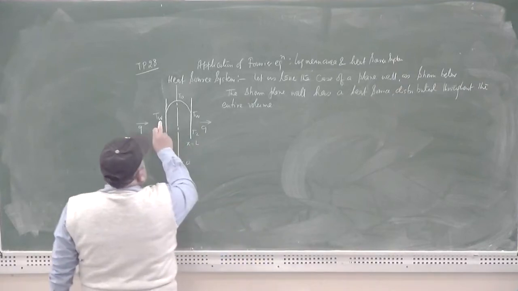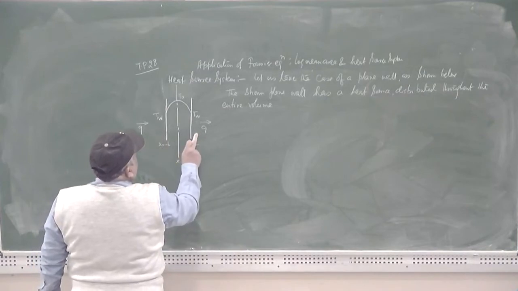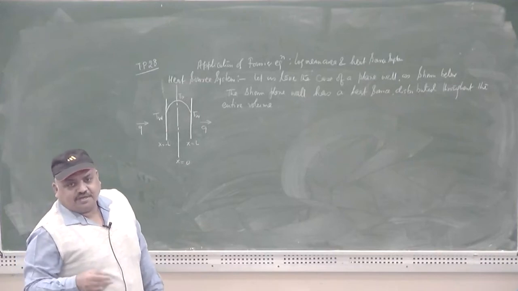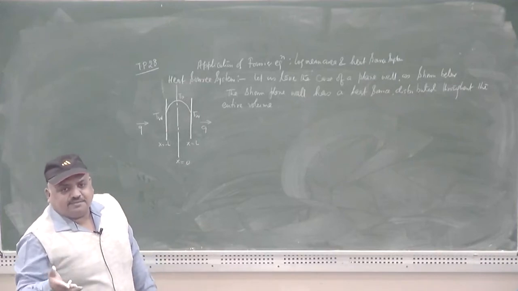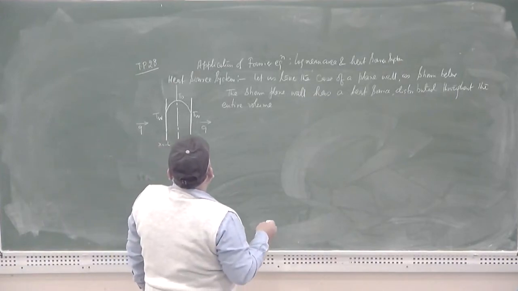Now once you have arrived at the temperature, it is unnecessary to mention here T1 and T2, because both walls have the same temperature, keeping the geometrical similarity in view throughout the entire volume.